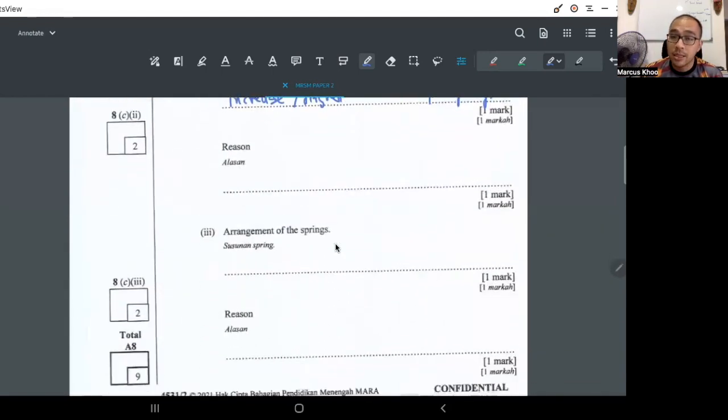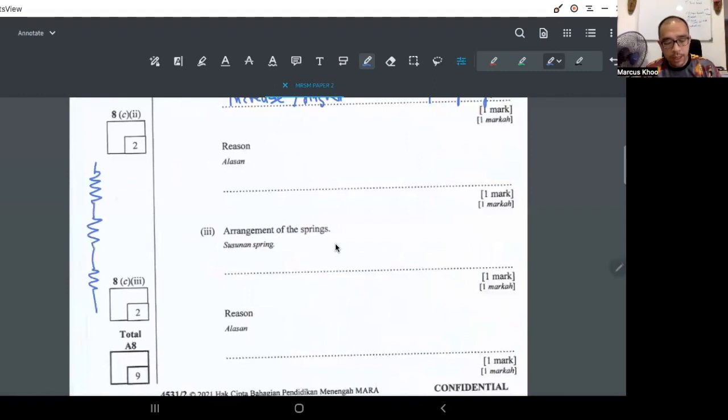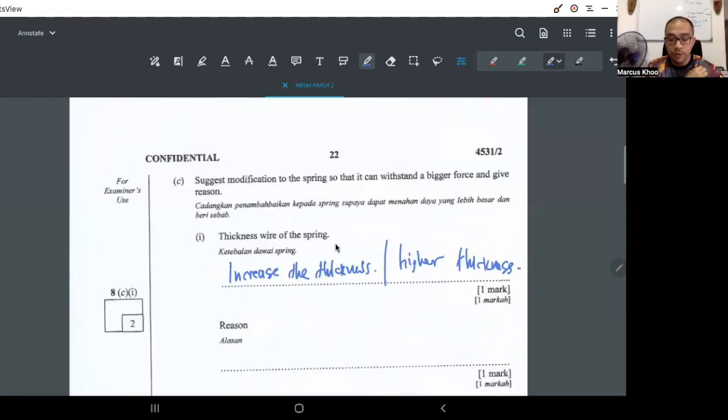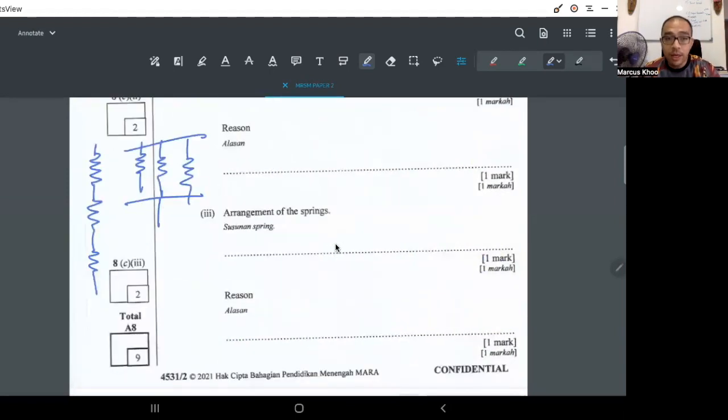And lastly, the arrangement of springs. Spring arrangement only has two, either series, where they are connected like this, or parallel. Again, we want to withstand a bigger force, so to withstand a bigger force, we will definitely need parallel arrangement of springs.